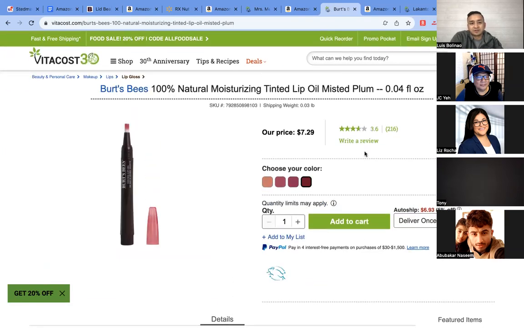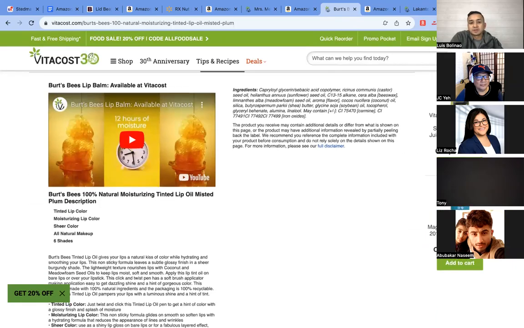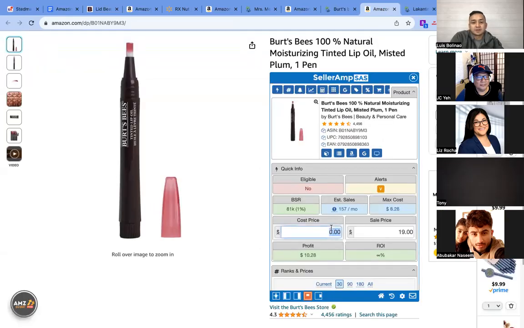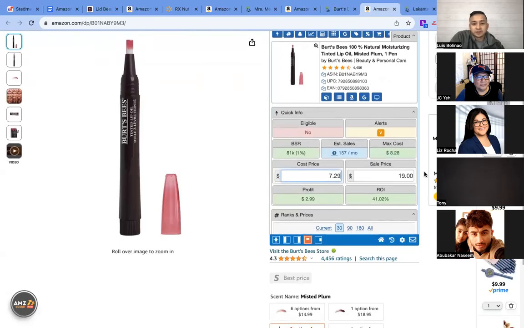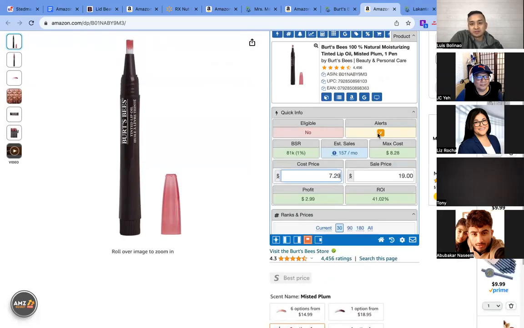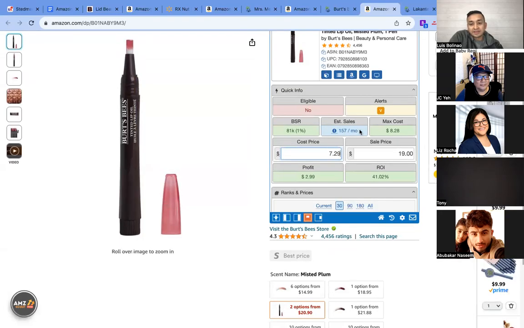I look for any sales. And this one is giving me a 40% ROI, 157 sales a month. This one is a variation. It says V right there. So I would look for the exact sales per month of this variation.